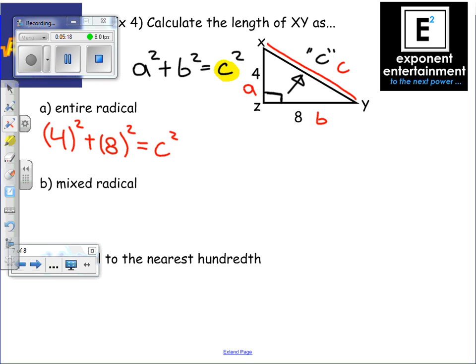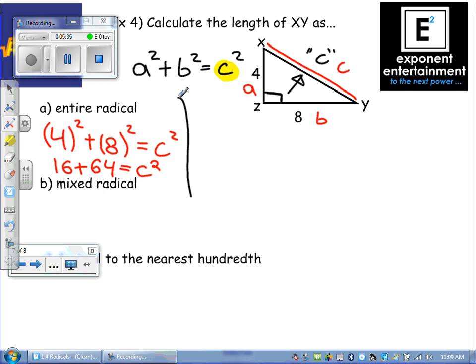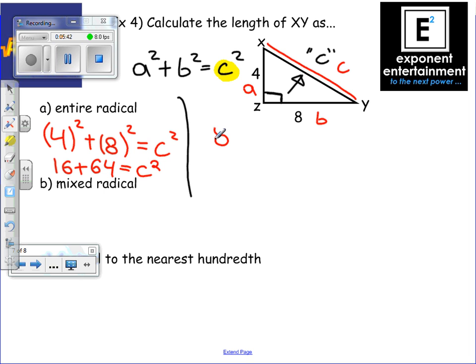What is 4 squared? 16. Plus, what is 8 squared? Still all equal to C squared. 16 plus 64 is equal to 80. 80 is equal to C squared.